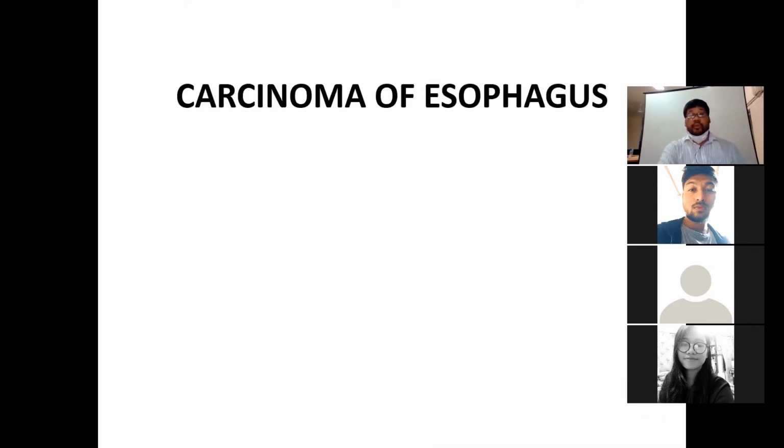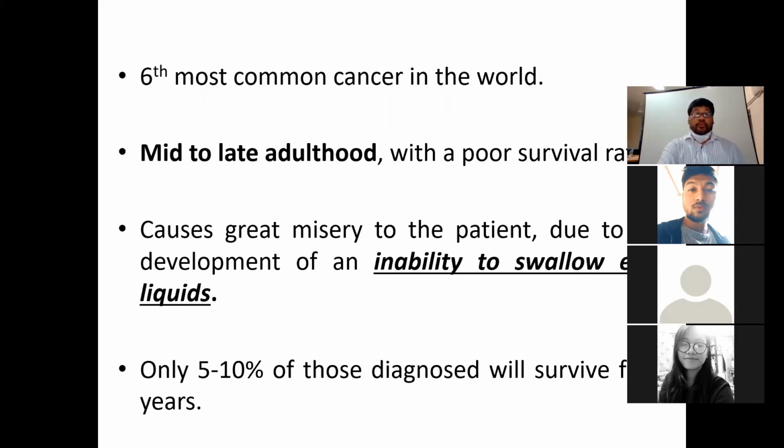So this is about the diverticula. Next big topic is carcinoma of the esophagus. Carcinoma of the esophagus is the sixth most common cancer in the world, and it occurs in mid and late adulthood and has a poor survival rate.